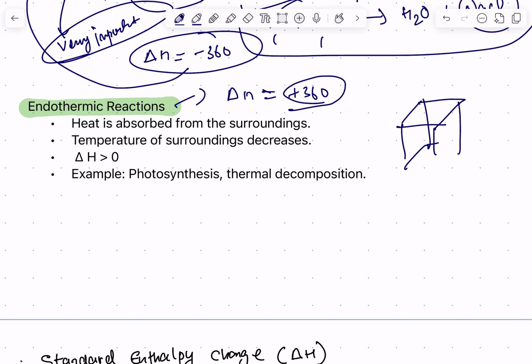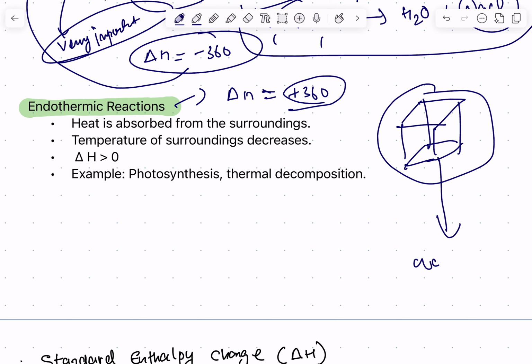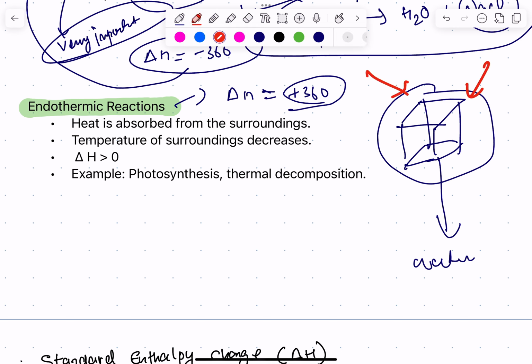To melt ice into water, I need a lot of heat, so I absorb that heat from the surroundings, the temperature of the surroundings decreases, and the ice melts.